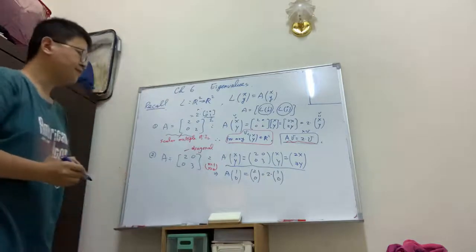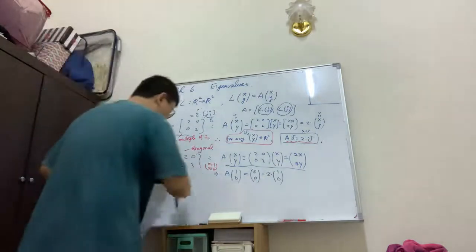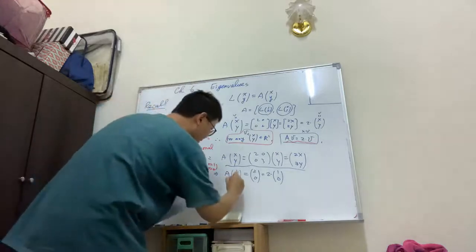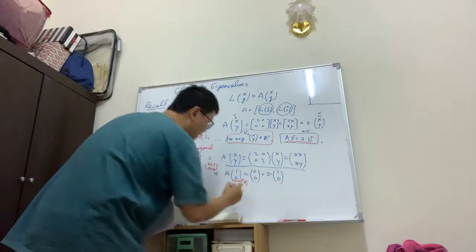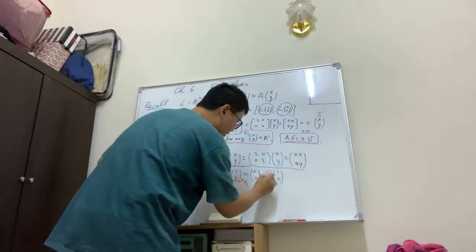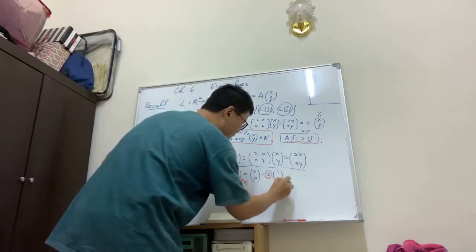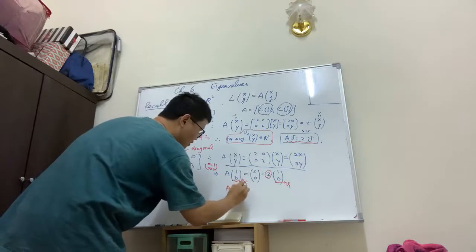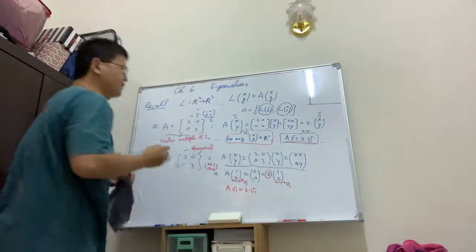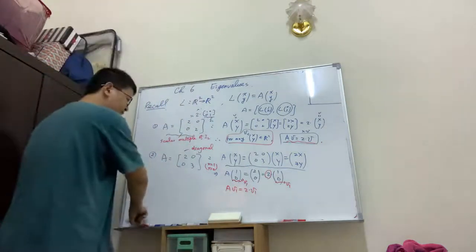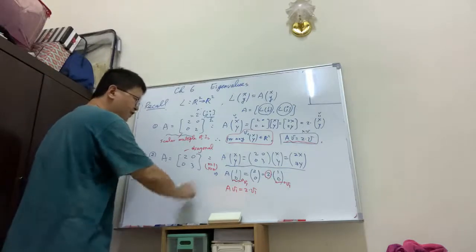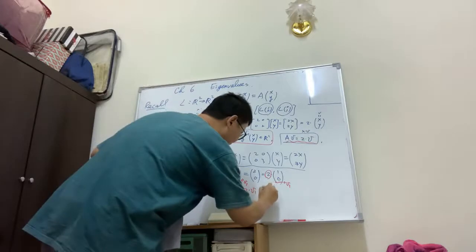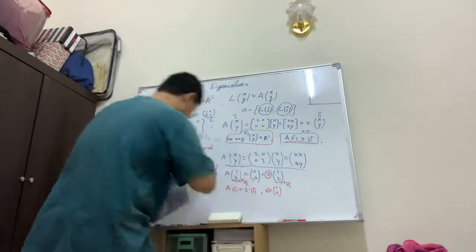So for this vector, if we denote it by v1, which is (1, 0), we get A v1 equals 2 times v1.